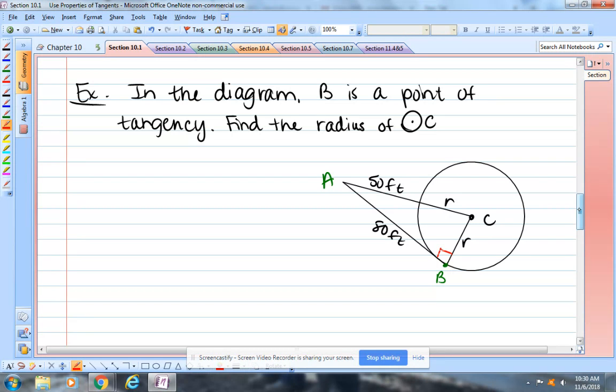The algebra teacher in me is dancing, because when algebra and geometry collide, it's beautiful. We're going to have to do a little bit more fancy algebra this time. Now this one's worded a little bit differently. We're going to be finding out something different.